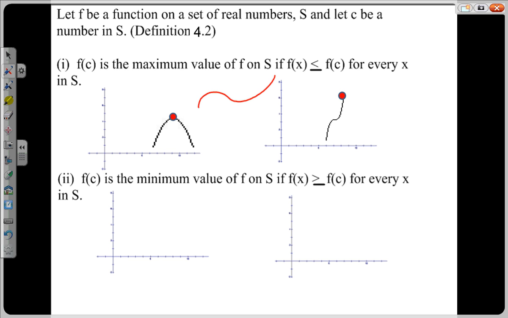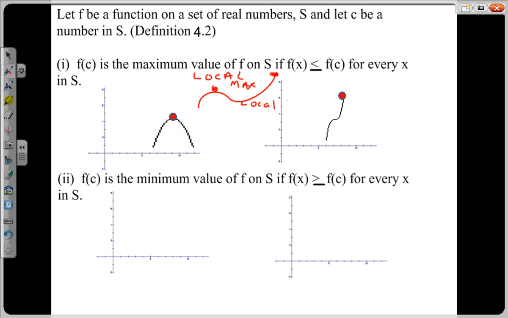Which one is the biggest y value? The end point or the vertex? In this case, it's the end point. This one is still a point of interest. We call it a local max.